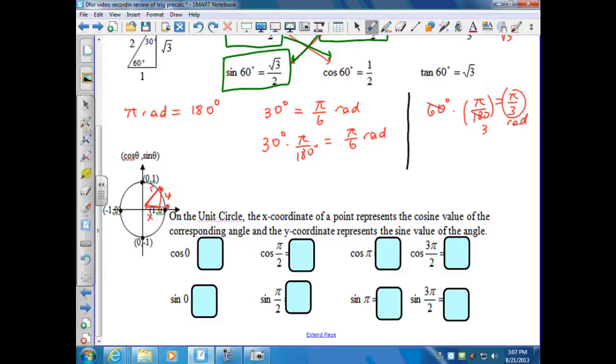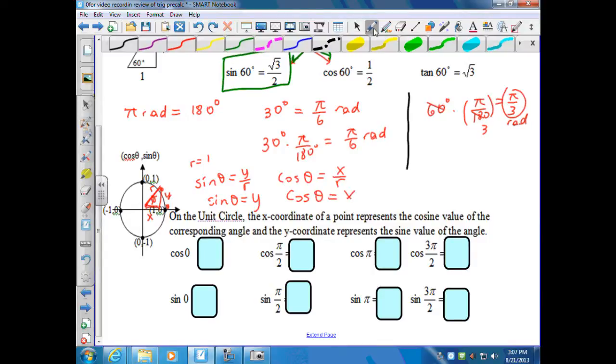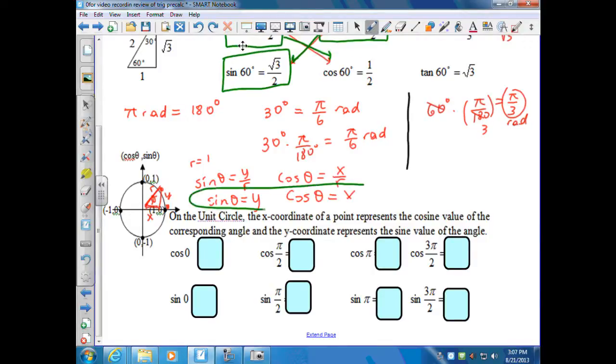When you have the sine of that angle theta, you have sine theta equals y over r, and cosine theta equals adjacent over hypotenuse, so x over r. But when r is 1, you have sine theta equals y and cosine theta equals x. So along the unit circle, you just have to remember that sine is always going to be the same as the y-coordinate, and cosine will be the same as the x-coordinate.